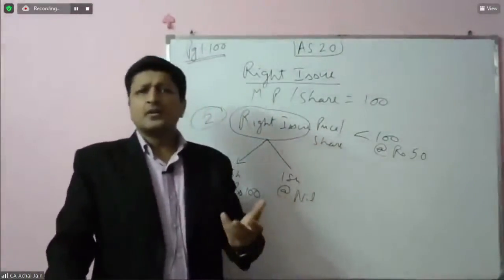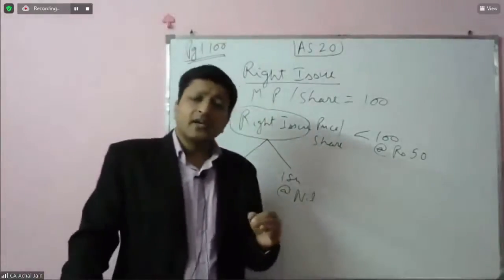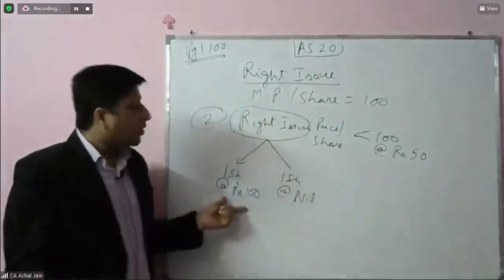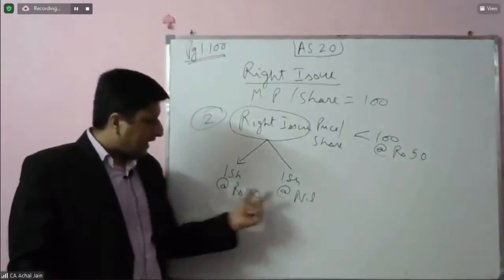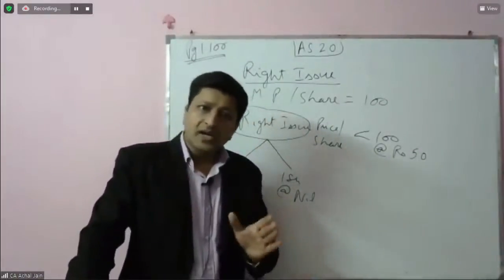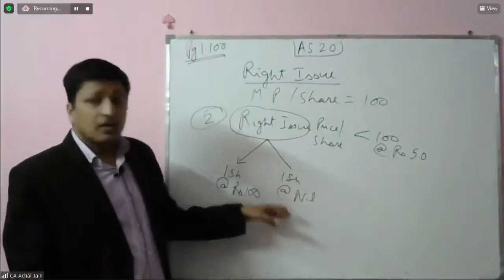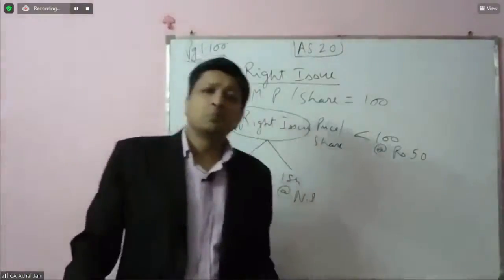It will not be incorrect to say that the right issue has 2 components. One component comprises the market price and the second component is free of cost. Correct. And what does this reflect? This reflects nothing but the bonus issue.